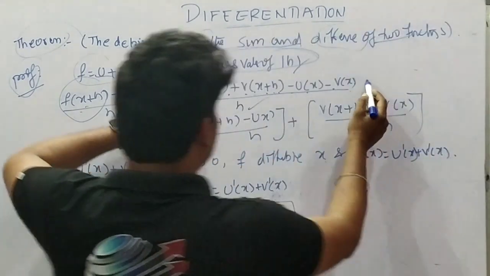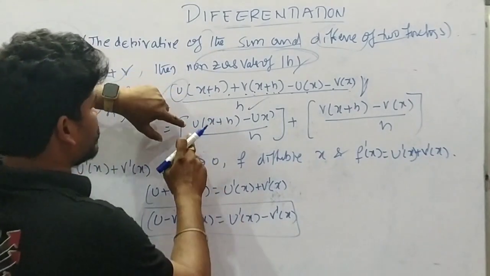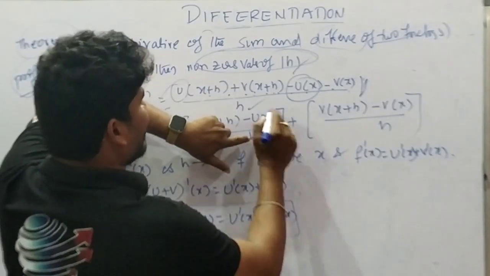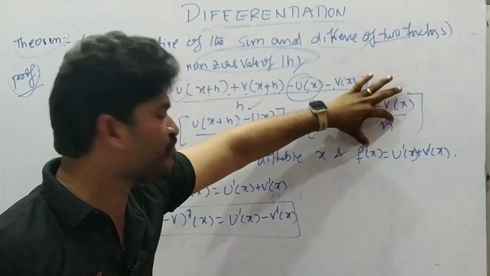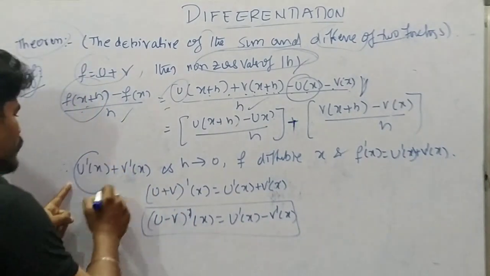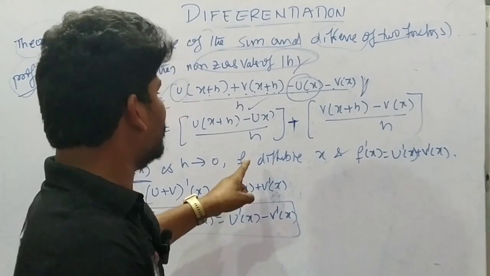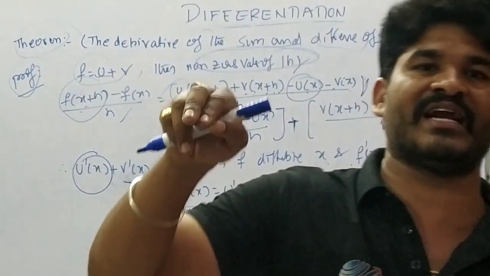As h tends to 0, this gives u dash of x plus v dash of x.